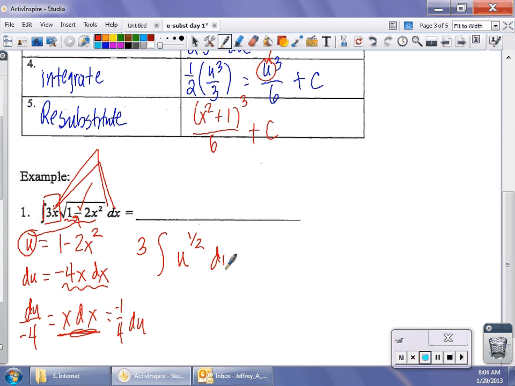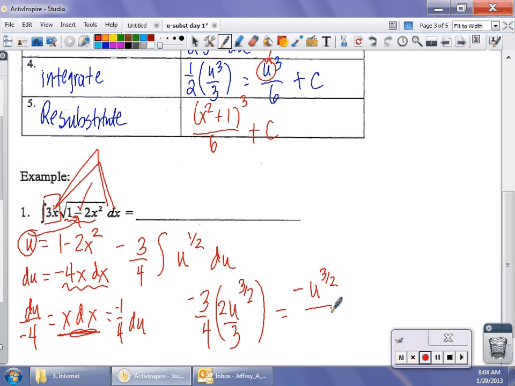I'm going to put my du in the back and my negative 1/4 in the front. I'm going to find the antiderivative, so I have negative 3/4 u to the 3/2 power multiplied by 2/3. The 3's divide out and the 2 divides into 4. That gives me negative u to the 3/2 power over 2 plus c.